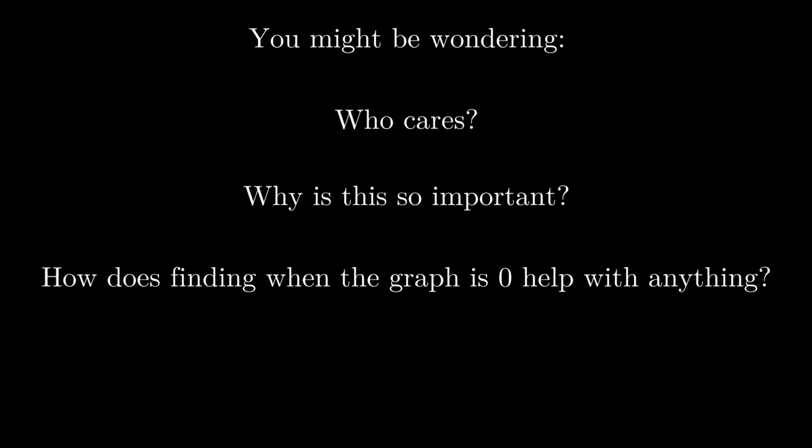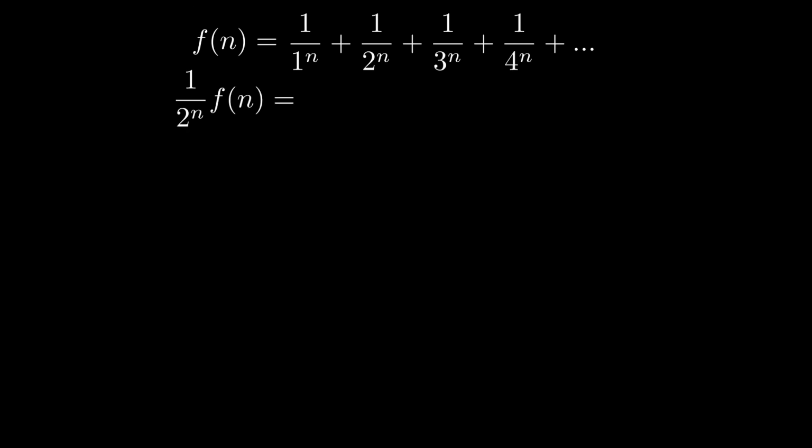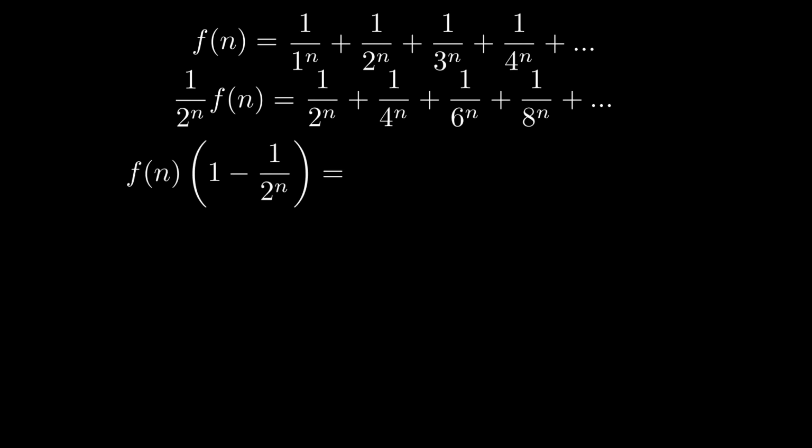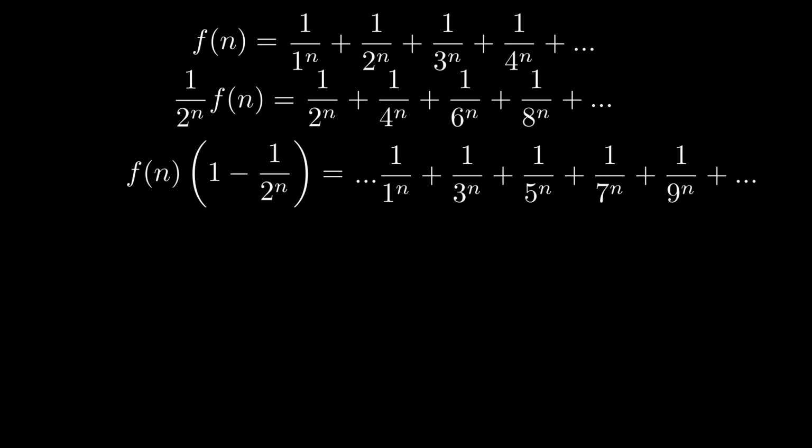Let's see how. Let's define f of n as 1 over 1 to the n plus 1 over 2 to the n plus 1 over 3 to the n, and on and on. Now, if we multiply both sides of the equation by the second term, 1 over 2 to the n, we get this. If we subtract this second equation from the first and factor, we get this equation.